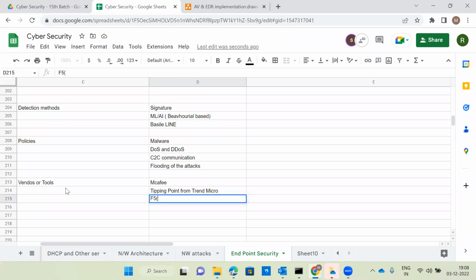What is HX? I will explain later. HX means host. In mathematics, if you don't know something, we say unknown, and that unknown number is called X. In a similar way, H100, 200, 300 mean the host machine of the respective IDS or IPS tool. Next one, we have SourceFire from Cisco.